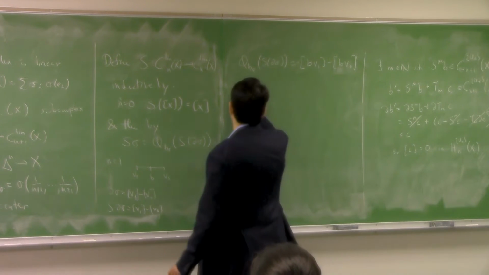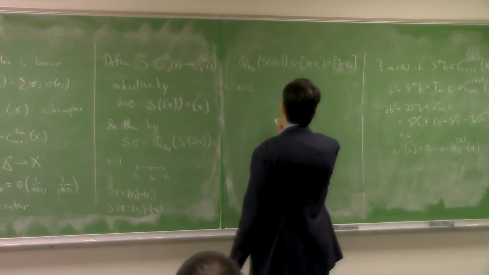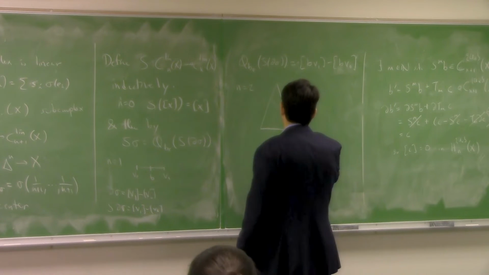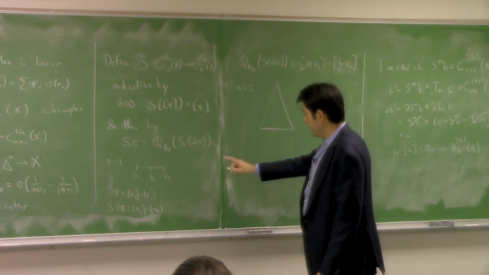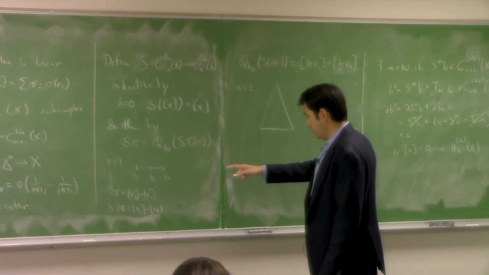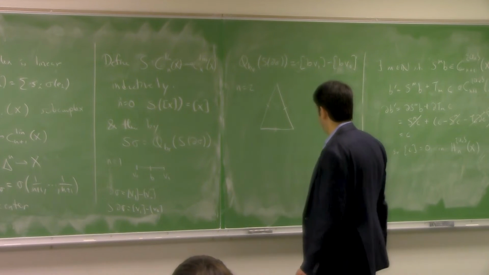Okay, if n is equal to 2, then what you're doing is you're going to do S of the boundary. Okay, great. So every face gets divided in half.